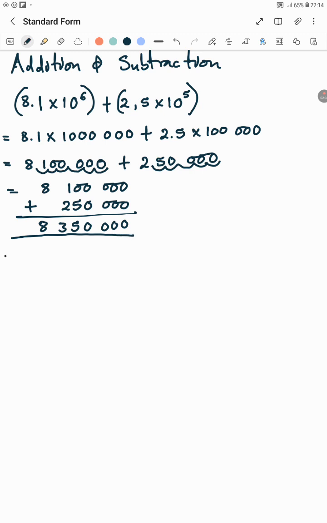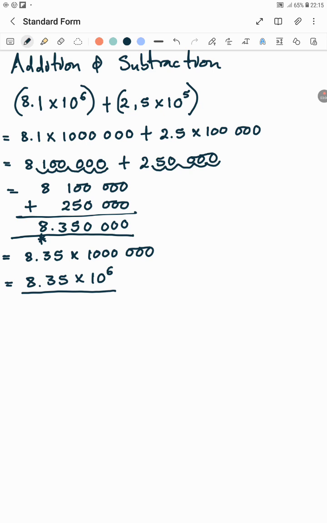So now to change your answer to standard form, you want your comma there, which means it's going to be 8,35 times 1 million, because the place value of this 8 is 8 million, right? So our final answer will be 8,35 times 10 to the power 6.